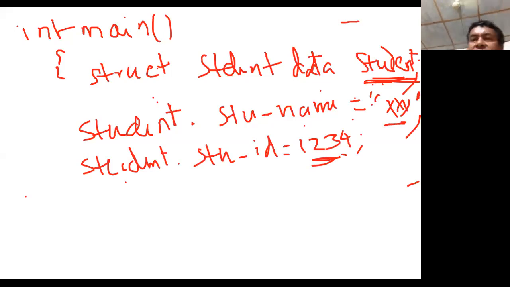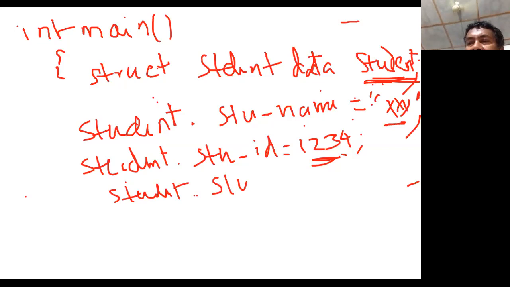What is next? Age. Student age. This is dot student age. Okay. Put some value, say 20. Over. This way you can assign the value.